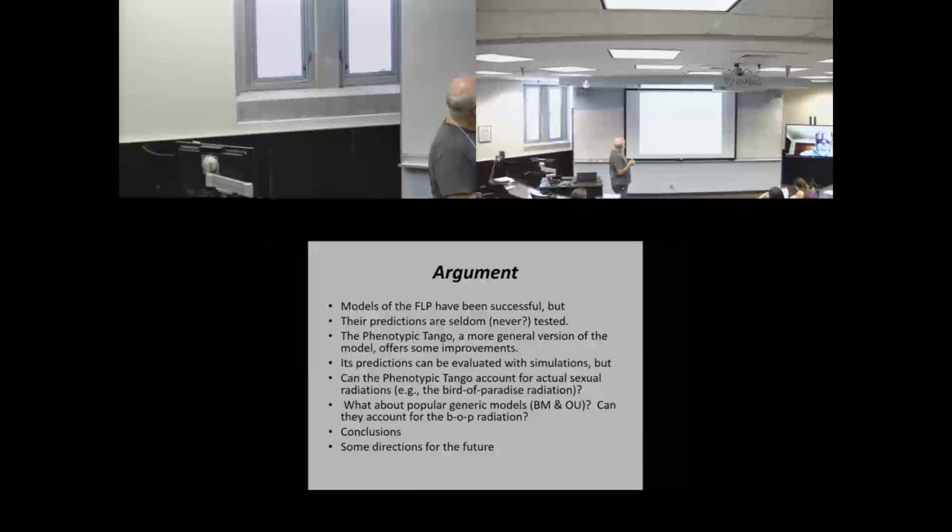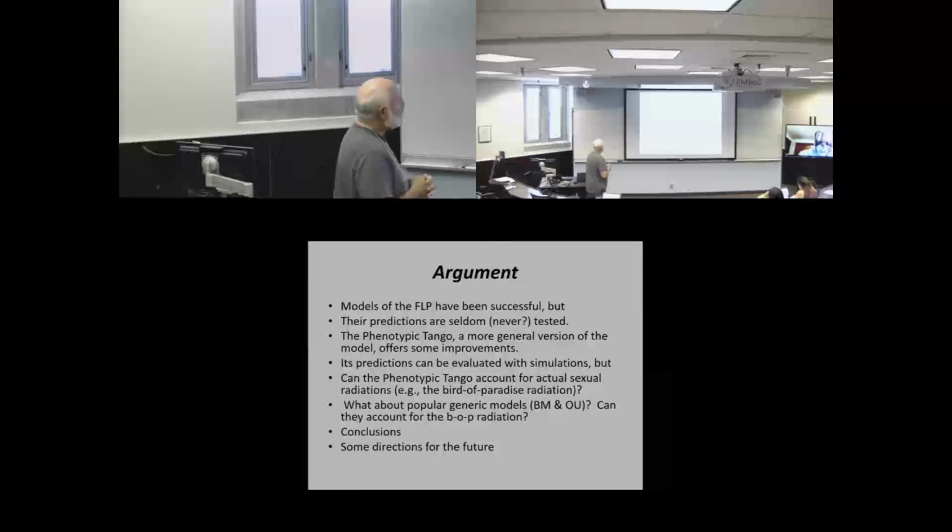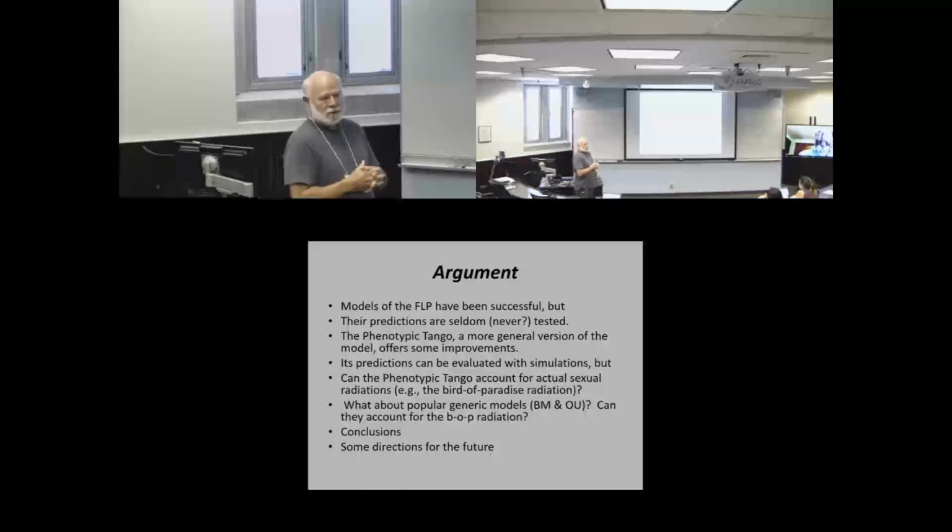And here's the basic argument: models of this Fisher-Lande process have been successful and certainly prolific. There have been 30 versions of this model just in the quantitative genetics literature. And up to this point, it's been more or less an exercise in model proliferation in the literature.